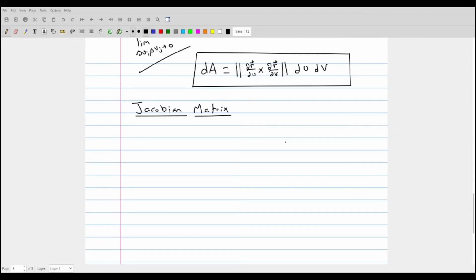So the Jacobian matrix is essentially a matrix of the first partial derivatives of the coordinate transformation.